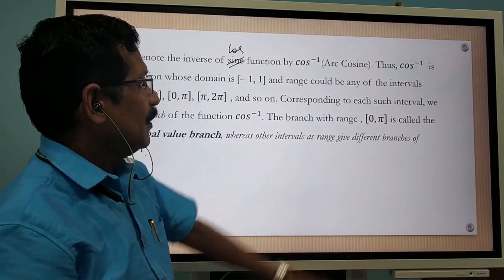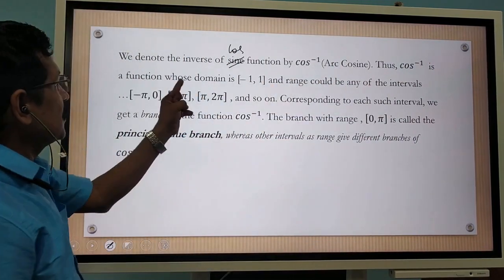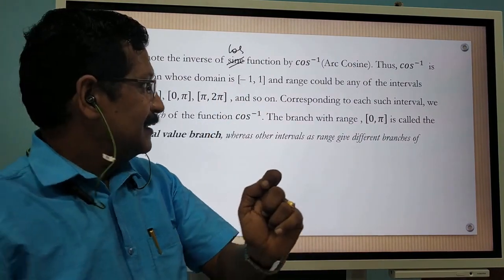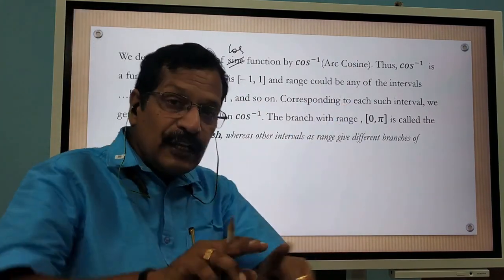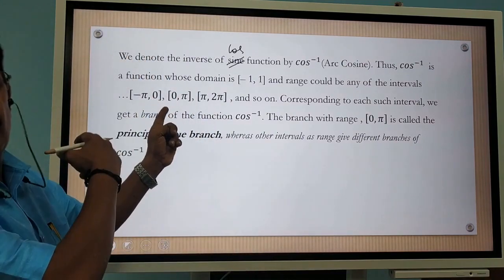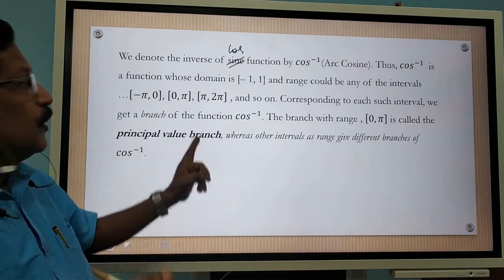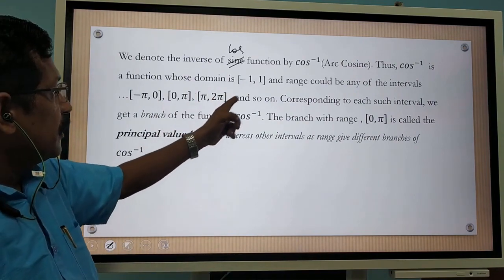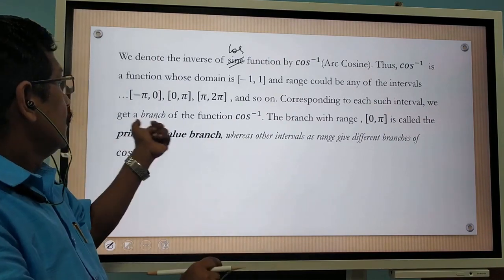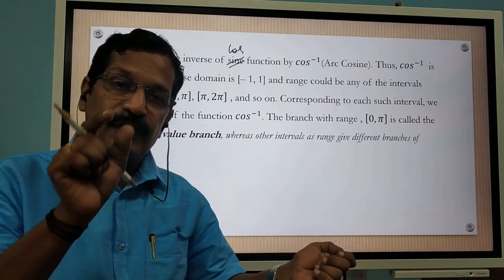That is another name. And this cos inverse is a function whose domain is minus 1 to plus 1 and range could be any of the intervals minus pi to 0, otherwise minus 2 pi to minus pi or 0 to pi, pi to 2 pi and so on. Corresponding to each branch, we get a branch of cos inverse.